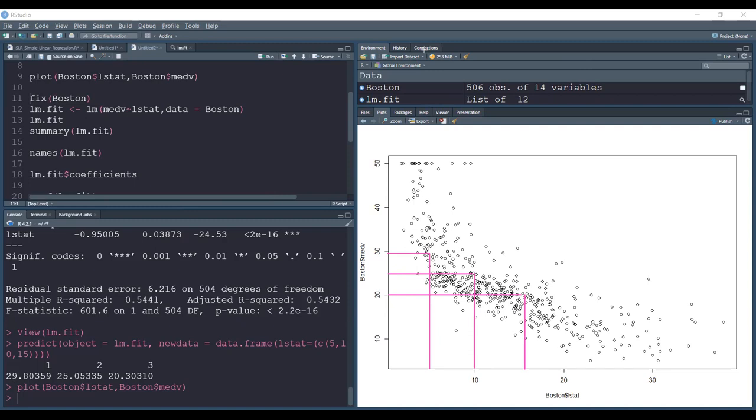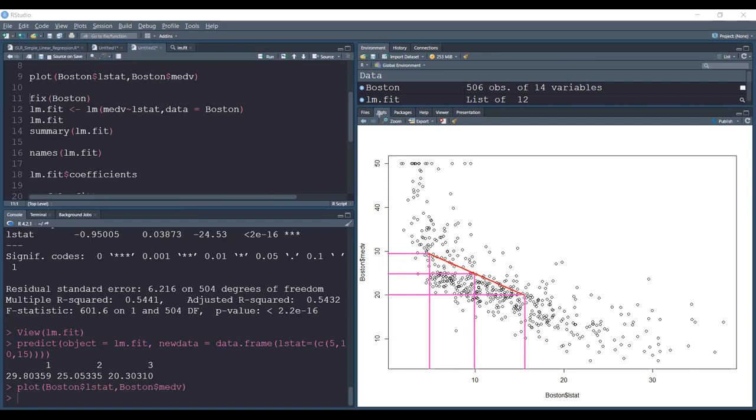We're taking a gradient of -1, which means that if I go up by 5, I go down by 5. So 5, 10, 15 results in 30, 25, 20 is what I meant.